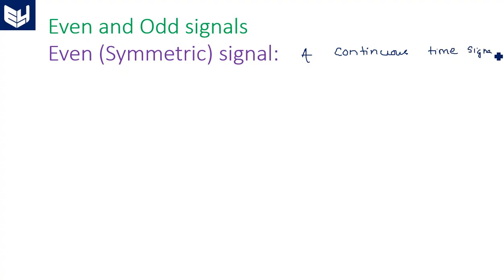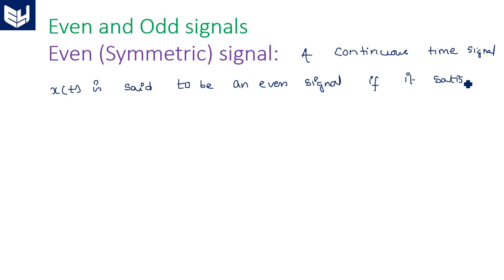a continuous time signal x of t is said to be an even signal if it satisfies the condition.